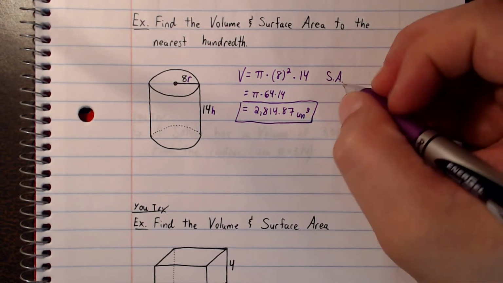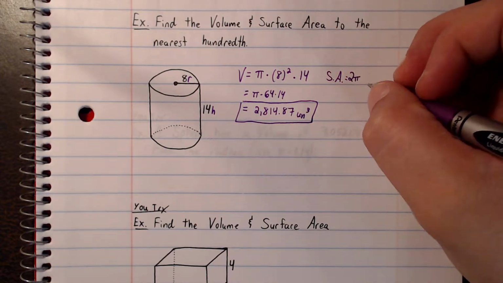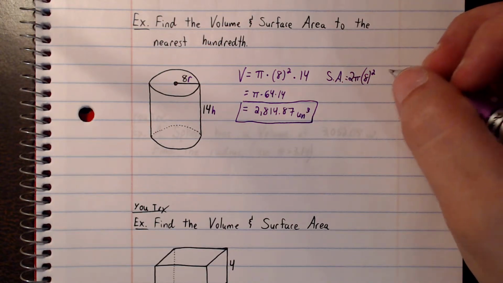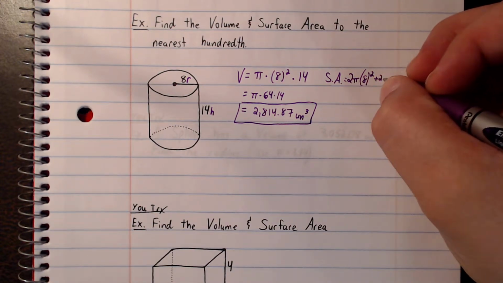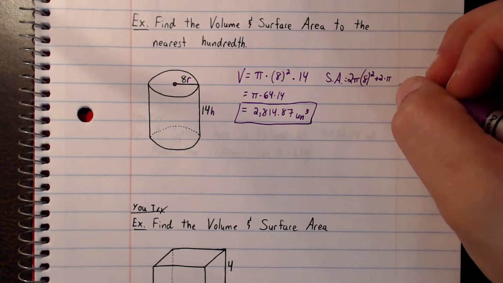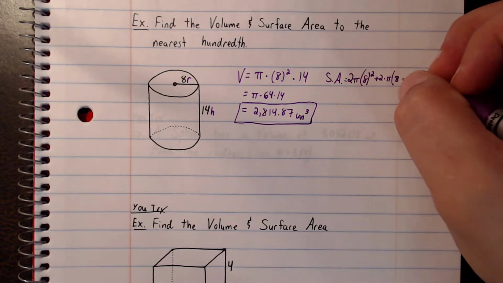Alright, surface area formula. It says 2 times pi times radius squared plus 2 times pi times radius times height.